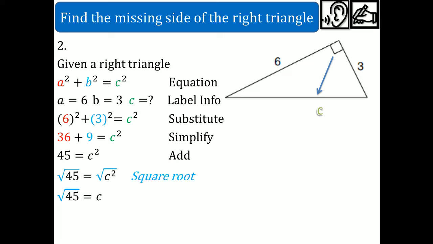That equals c. Again, it is just c because the square root cancels out with the power 2. Notice this square root of 45 can actually be simplified to 3 square root 5. But watch the other video if you would like to see how to simplify a radical. In this case, I just want you to find the missing side, which is square root of 45. Good?